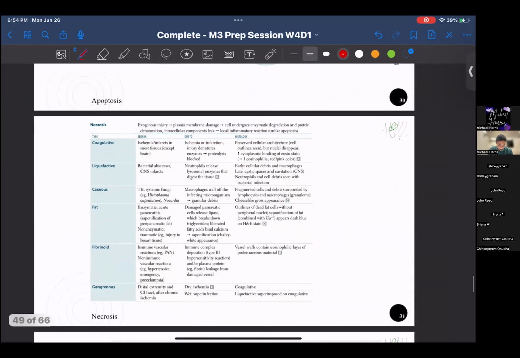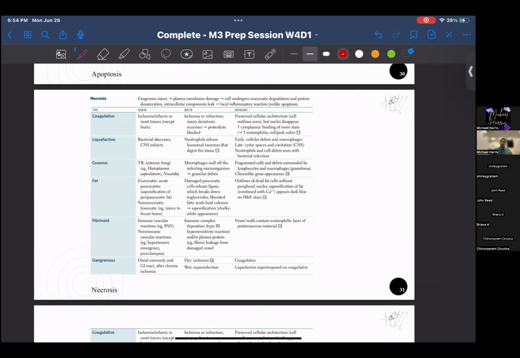Now, this last bit, before we get to the calcifications, is just definitions.